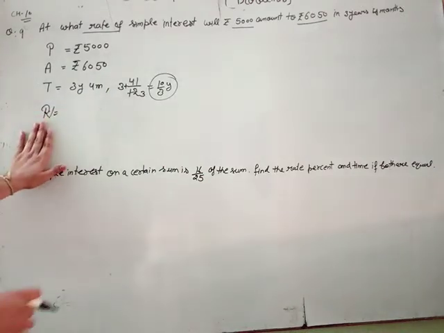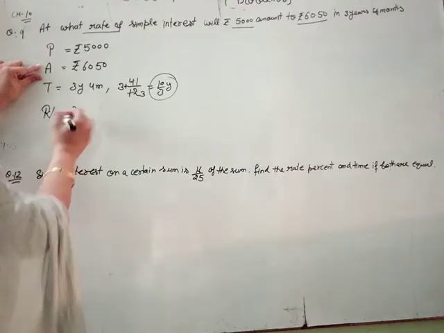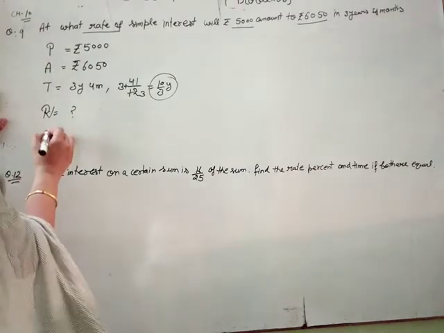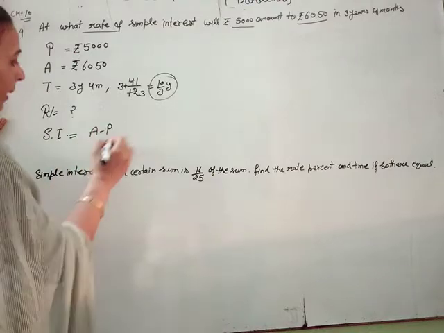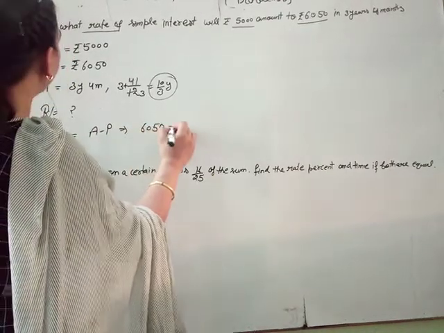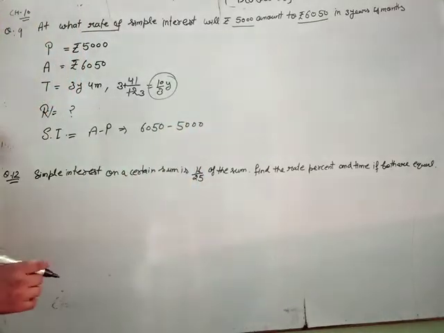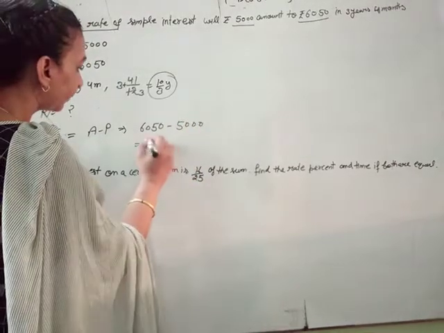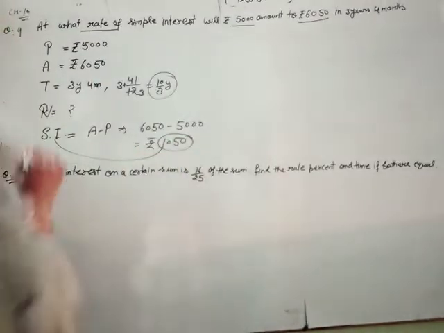Then students, if principal and amount are given, we find simple interest. Simple interest equals amount minus principal. This implies 6,050 minus 5,000 rupees, which equals 1,050 rupees. So 1,050 rupees is the simple interest.